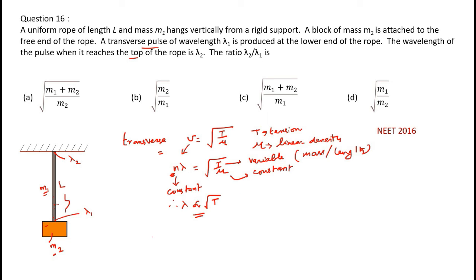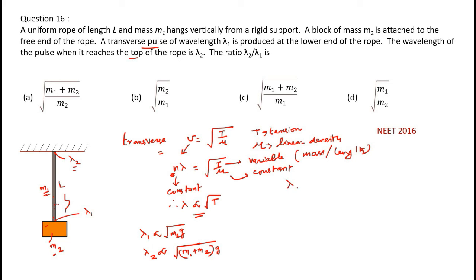We know lambda is proportional to square root of T. Therefore, lambda 1 is proportional to square root of m2g, the weight below. And lambda 2 is proportional to square root of this mass plus this mass, so (m1 plus m2) into g.